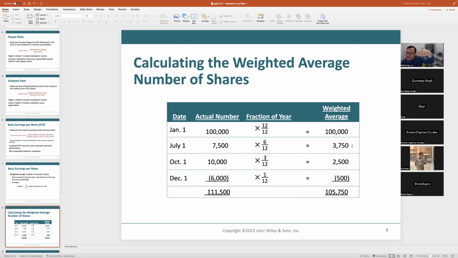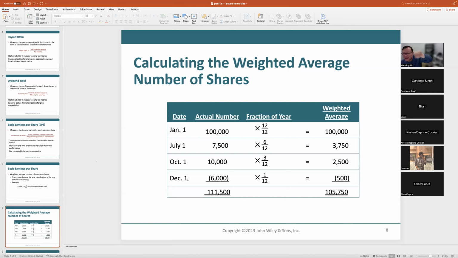We follow this logic, this calculation. October 1st, only 3 months holding time, so the factor is 3/12. December 1st, only 1 month, the month of December, the company is holding this share.